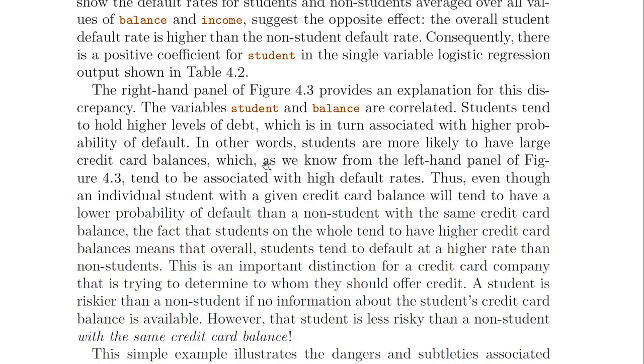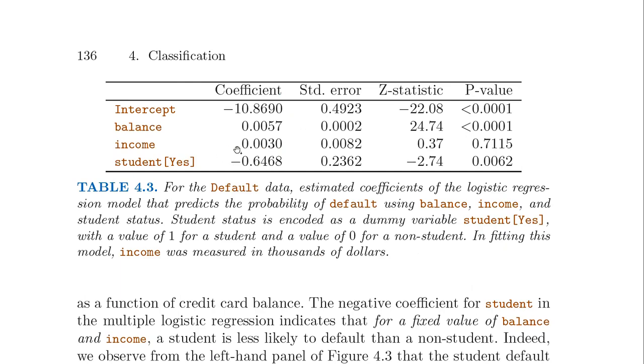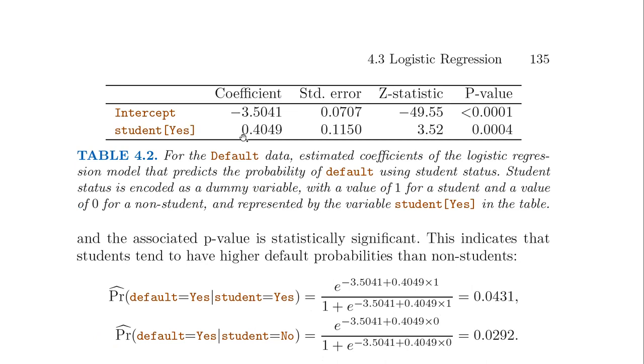But hopefully that helps explain why this is negative in the multiple logistic regression and positive in the simple logistic regression. We're going to ignore this. There's no way that we're only going to look at whether a person is a student or not to make our predictions.